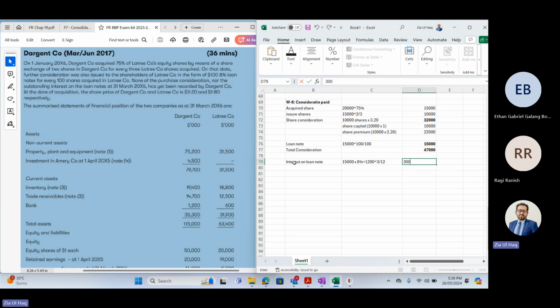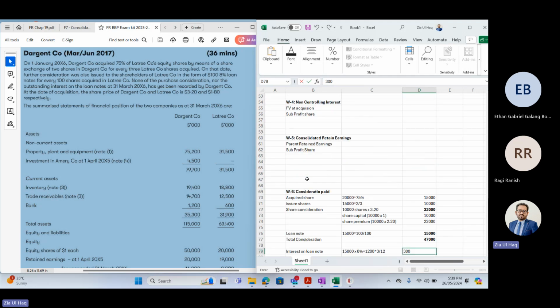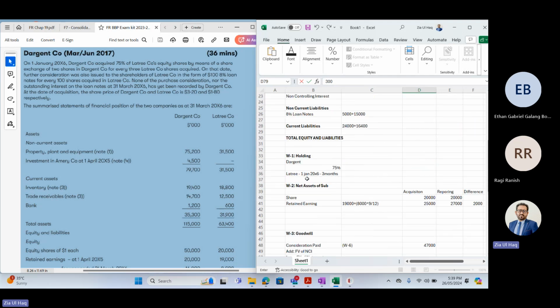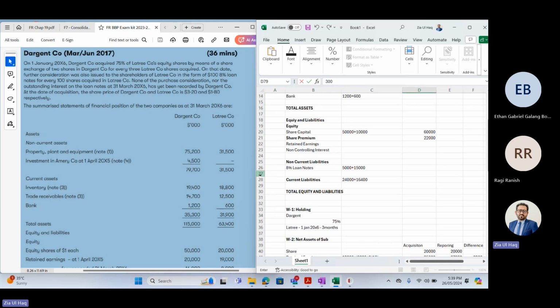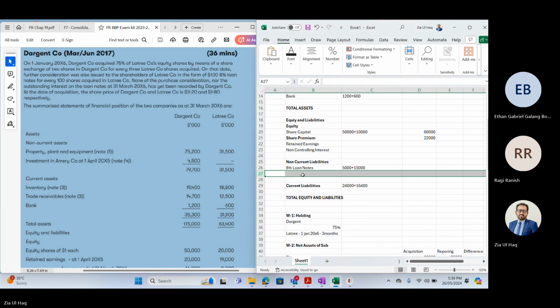There should be two effects. So this 300 should be recorded as accrued interest. Where should it be recorded? We can make one line here: accrued interest, that we calculated through working 6. That is 300.